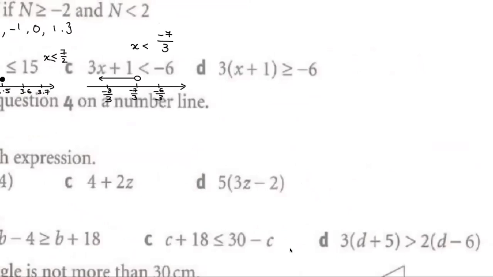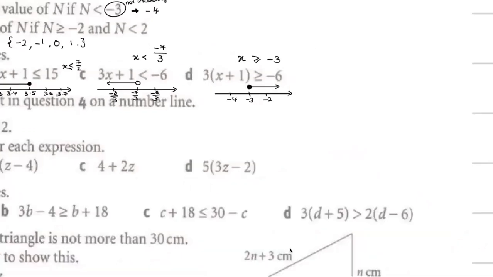Last one would be x is more than or equal to -6 divided by 3, -2, between -1 and -3. Solid circle, more than, to the right.